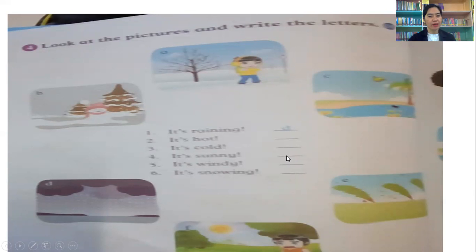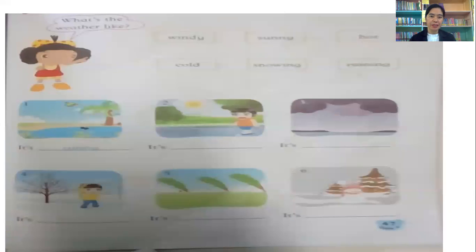And the next page is page 47. Okay, you're going to write the words. It's not the letter. You're going to write the words. Example number 1, it's sunny. Number 2, what is it?